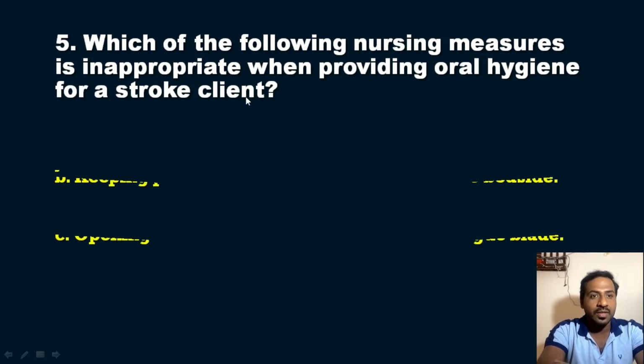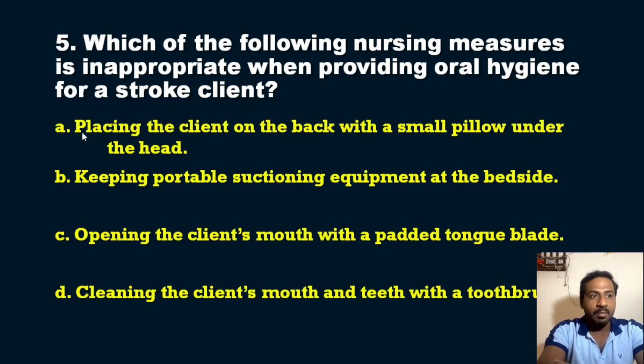So here the options are, the first option, placing the client on the back with a small pillow under the head. Second option, keeping portable suction equipment at bedside. The third option, opening the client's mouth with a padded tongue blade. And the final option, cleaning the client's mouth and teeth with a toothbrush. So among these options, which is inappropriate while providing oral care for a stroke client? So what is the answer?